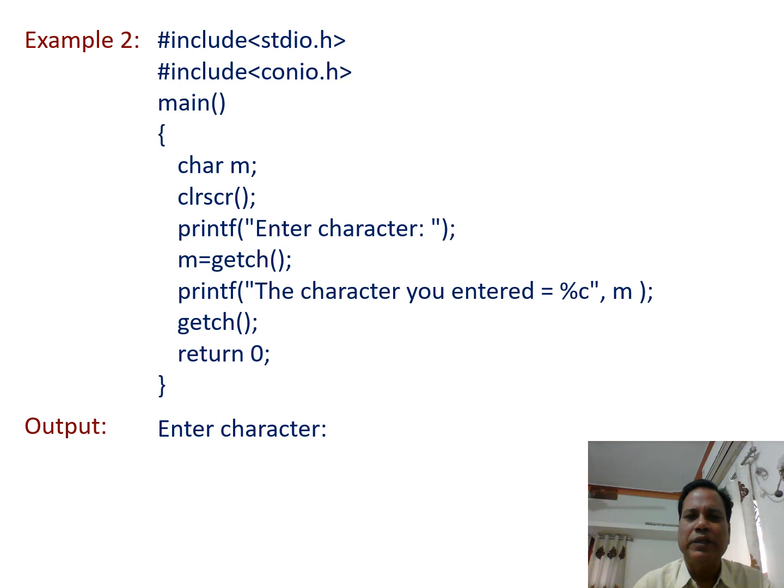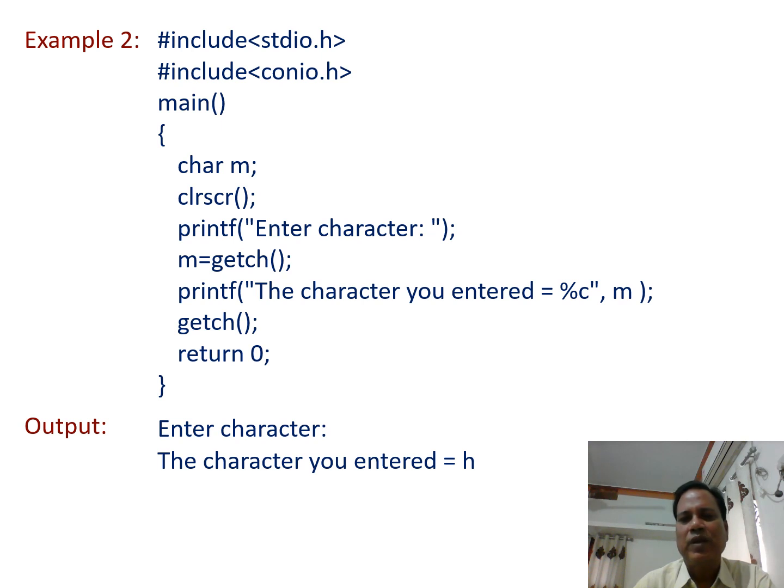So we get the output like this: the message enter character is displayed, and the compiler waits for the data. Whenever we press any character from the keyboard, we get the output: the character you entered is H. Now this H is not seen after enter character colon.